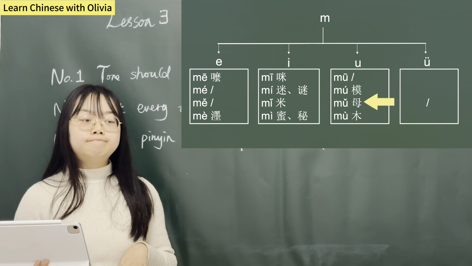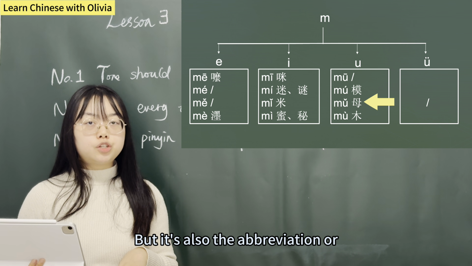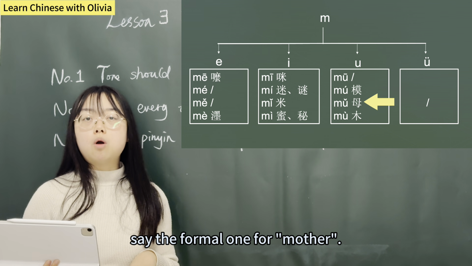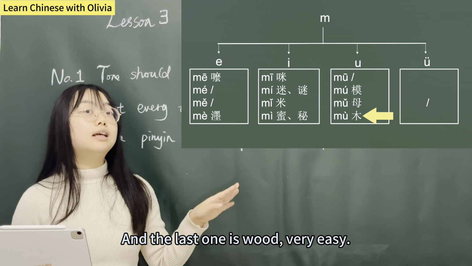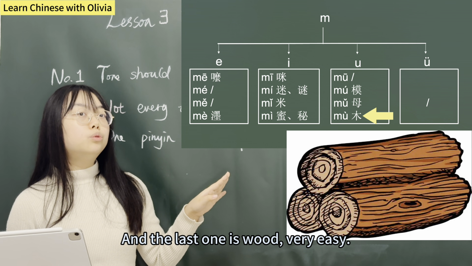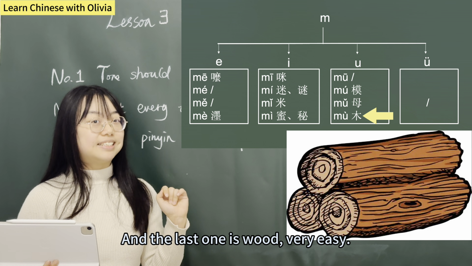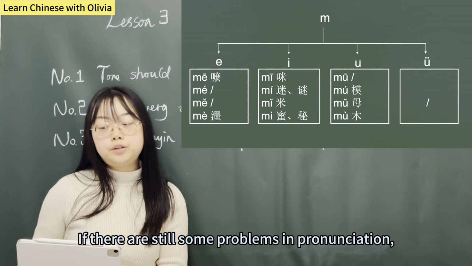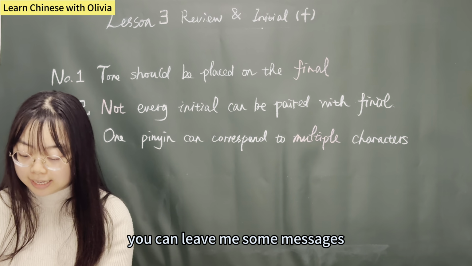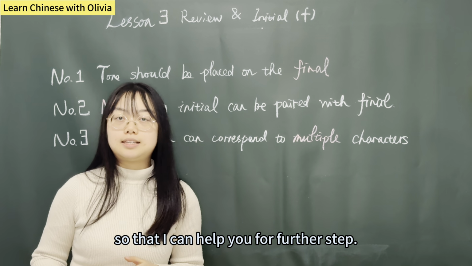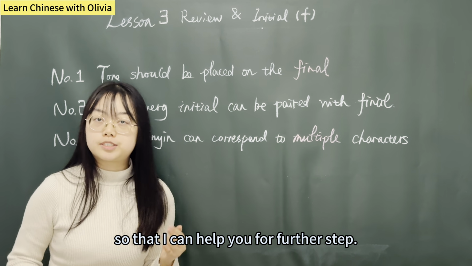Mu. But it's also the abbreviation or say the formal one for the mother. And the last one is would. Yeah, very easy, right? If there are still some problems in pronunciation, you can leave me some messages so that I can help you for further step.